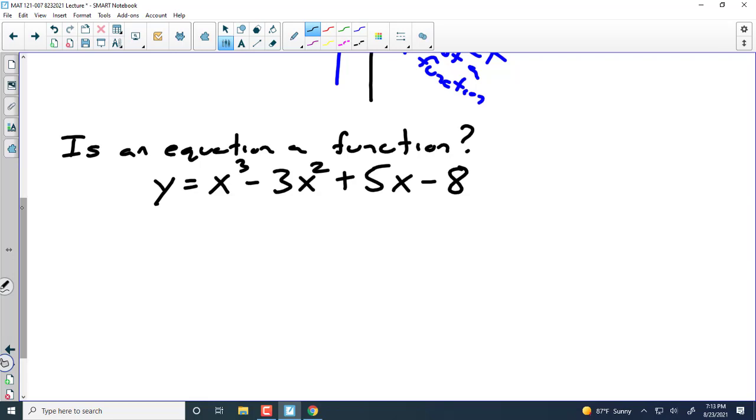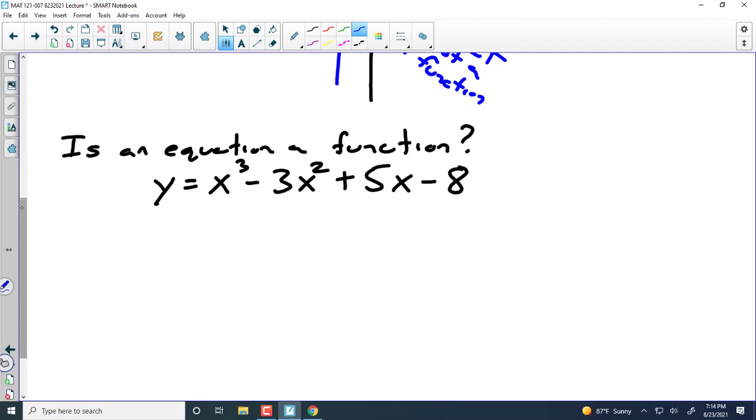I do not know off the top of my head how to graph that thing. And I also don't want to graph it just to see if it's a function or not. That seems like a lot of work just to answer a yes or no question. I'd almost rather get it wrong on the math homework, and then if it tells me I'm wrong, pick the other option. Well, how do we figure this out?